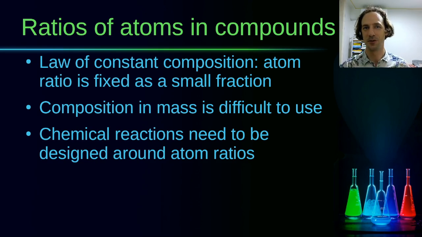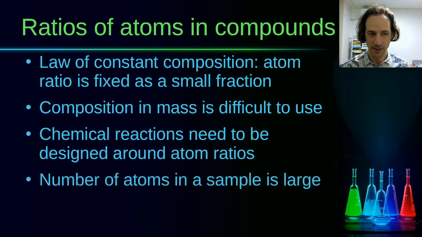If the atom is in your starting material, it has to end up in your products. So when we are designing chemical reactions, we have to keep in mind the number of atoms in each compound that we use. So chemical reactions are much easier to design around the number of atoms or the ratio of atoms rather than the ratio of masses.